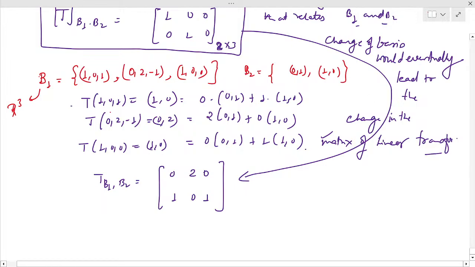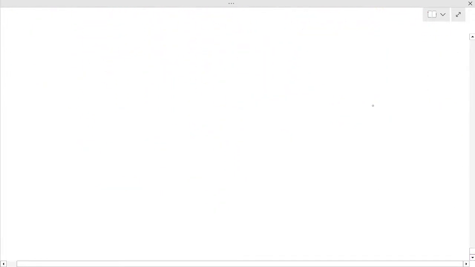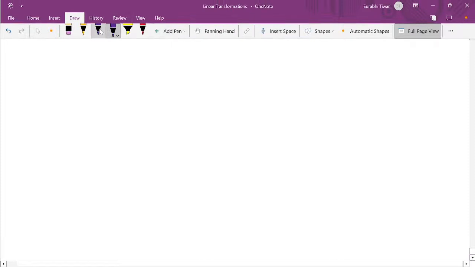Let us take another example so that you'll be able to understand this thing in a better way. Let's say we want to write the matrix of the linear transformation T from R cube to R square.